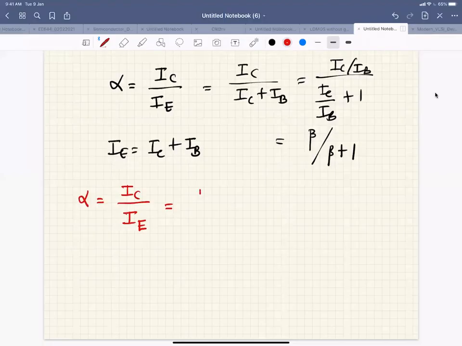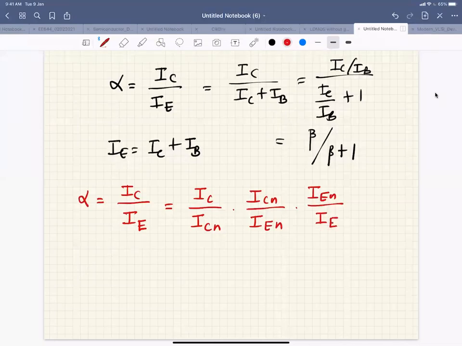I could also write it as IC divided by ICN, ICN divided by IEN, IEN divided by IE. So this is the same thing: alpha is IC by ICN, ICN by IEN, and IEN by IE.